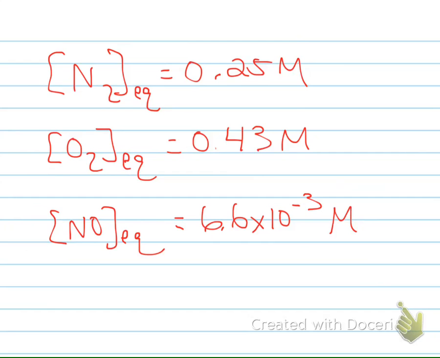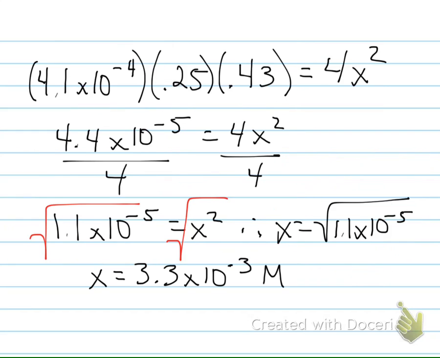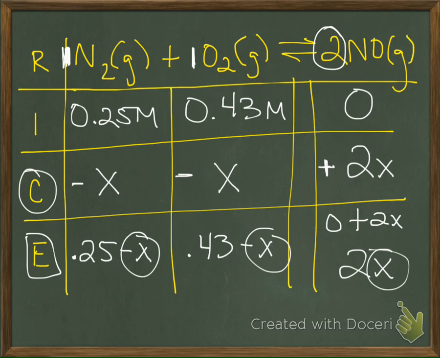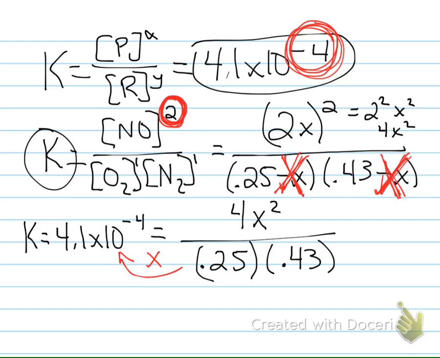This problem is very similar to exercise 11. The only thing that changed in this problem, which is very important, by the way, is this 2 from the coefficient. This change from a 1 to 1 to 1 ratio to 1 to 1 to 2 means that we now have a coefficient that squares and becomes our exponent.